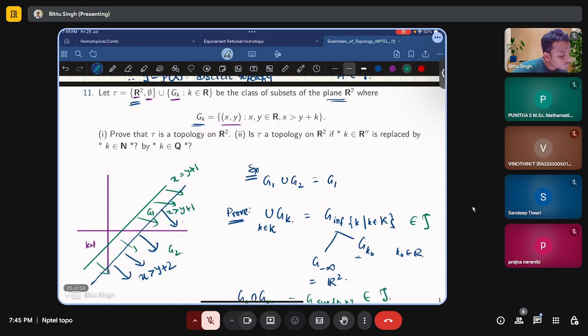Now the question is: is tau a topology on R2 if k belongs to R is replaced by N or replaced by Q? So what will be the problem? If k belongs to N, so instead of any real number, now those are only integers. That is, these lines are drawn only for integers. So this is given. Now what can you say?